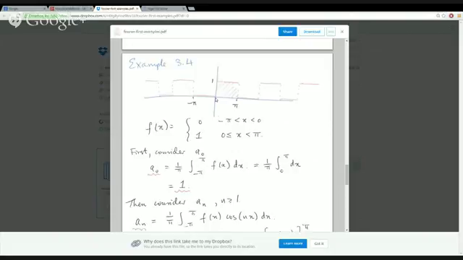F of pi over 2 is? Someone say 0? 1. Definitely 1. Give the person who said 0 a flick in the air or something. F evaluated at pi over 2 is, of course, 1. Just look at the original function.